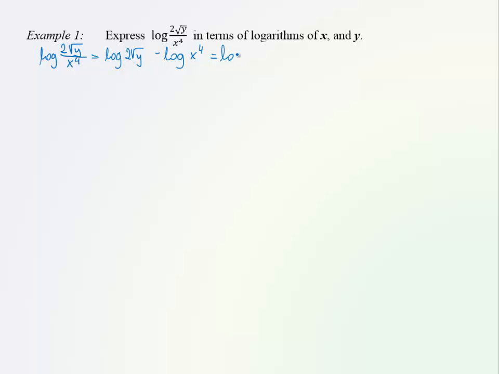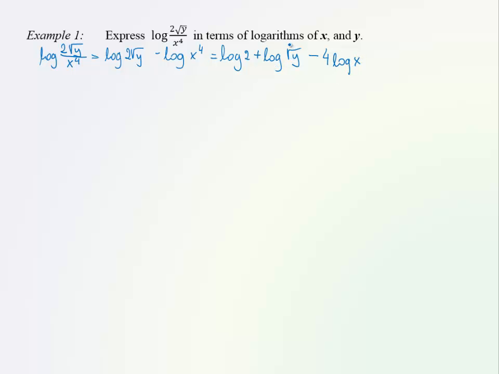So we have log 2 plus log root y. Then we have minus, and then we have log of a power. Remember, we can take the exponent outside of the log, so we can rewrite it as 4 log x.